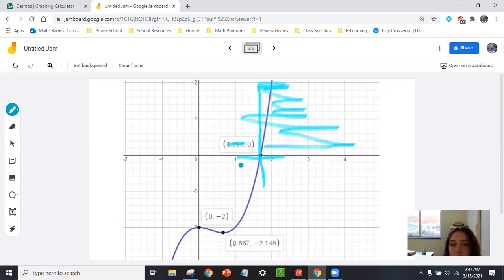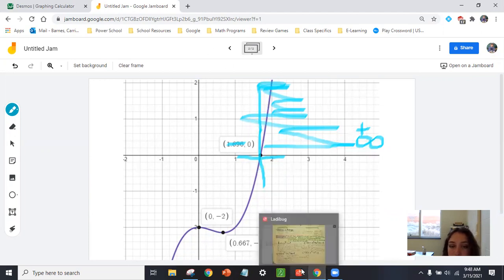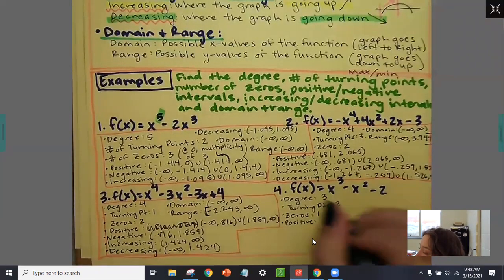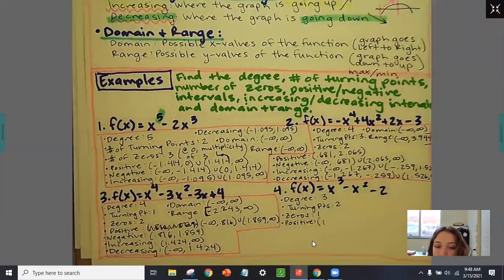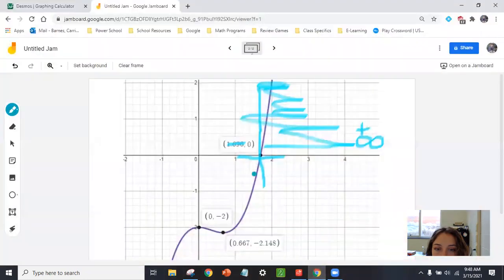All right, so this is going to happen from 1.696 until positive infinity. So this is going above the x-axis right over here in positive infinity. All right, so 1.696 to positive infinity.